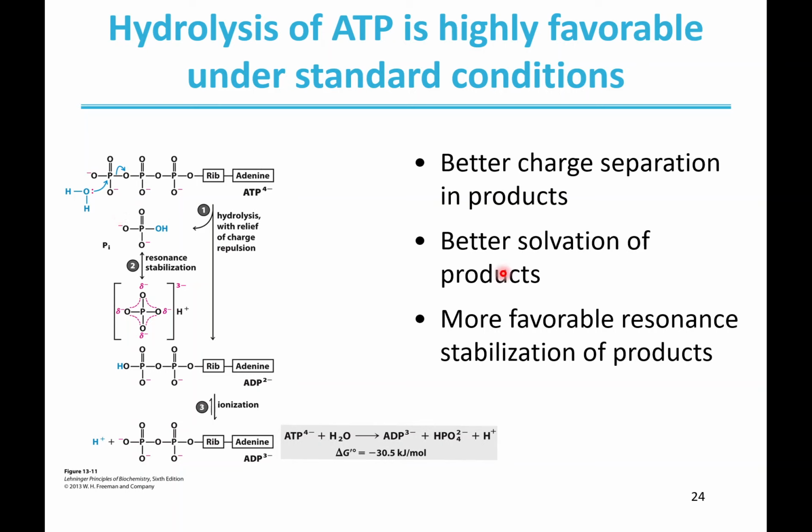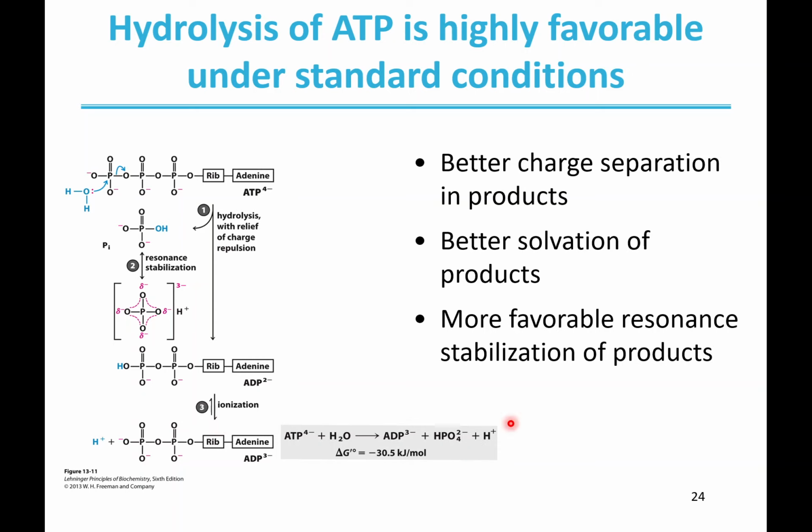You have better solvation of the products, so the water can interact better when these are broken up. And finally, you have more favorable resonance products. After the gamma phosphate group is removed, it can have more resonance structures and be stabilized that way. So you have charge repulsion that it's relieving, better resonance, and better solvation.